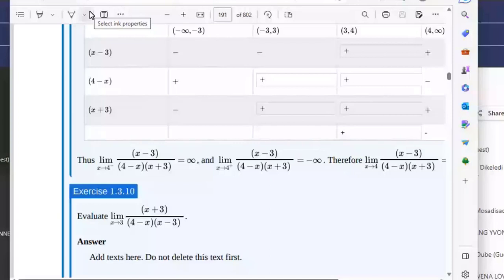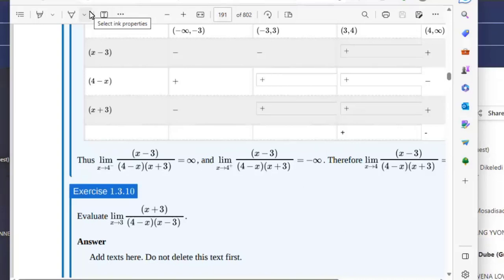And then when we put that positive 5 into x plus 3 over x minus 3, what do we get? Sorry, sir. Why are we saying x plus 3 over x minus 3? Because we use x plus 3 divided by 4 minus x.